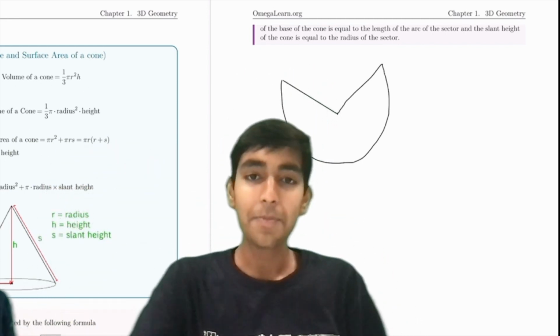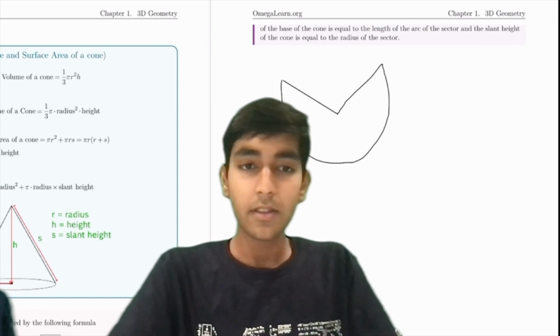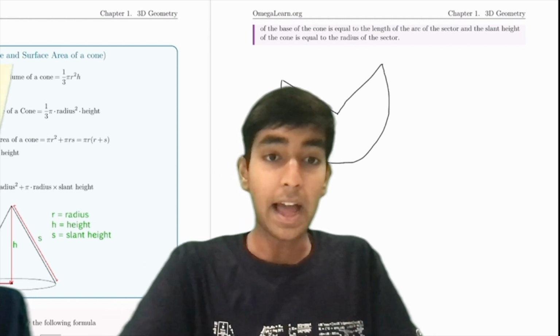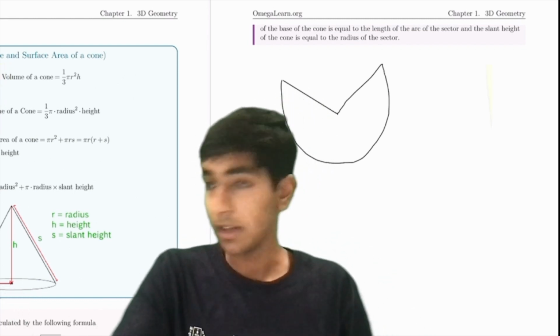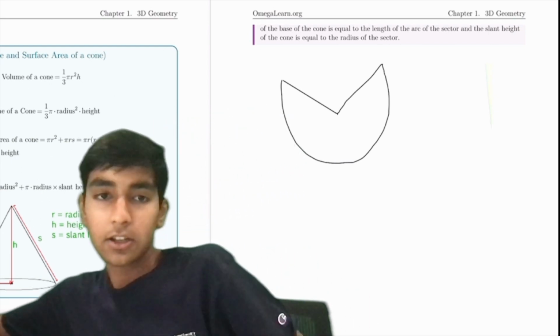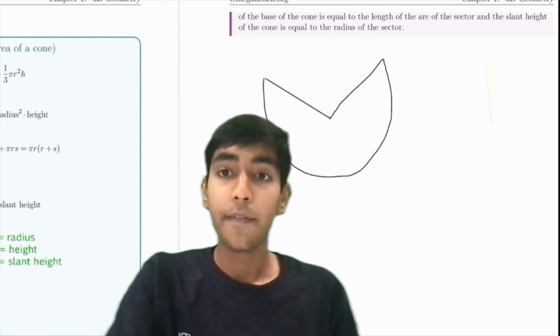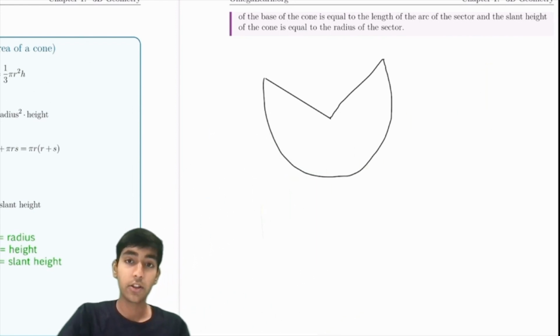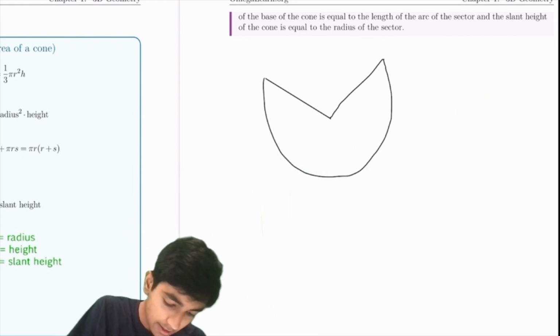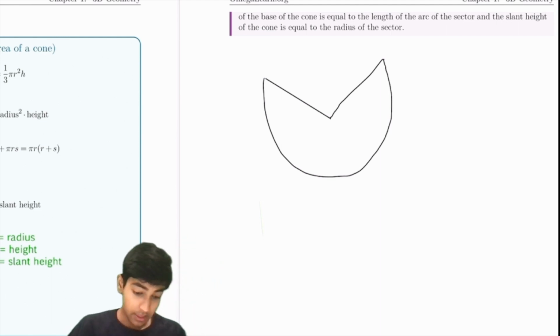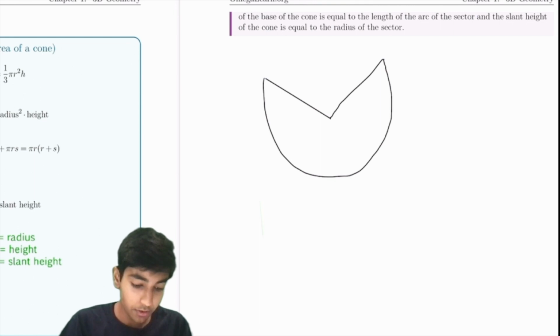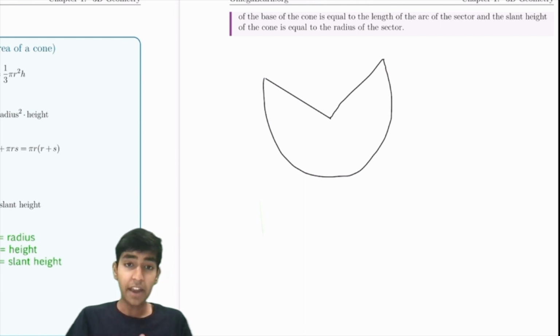Isn't that cool? So that essentially gives us some useful information, because now we can easily derive the formula. That's actually how the surface area for a cone is derived, because the radius of this sector is just going to be the slant height of the cone, and then we would just have pi.